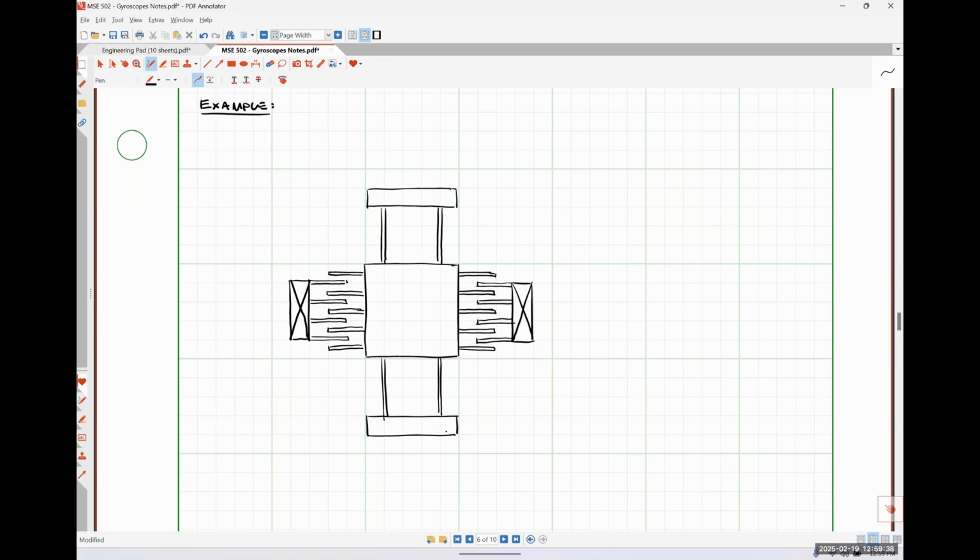And then I'm going to attach that structure to some anchors like so. Same thing for the guy on the bottom.